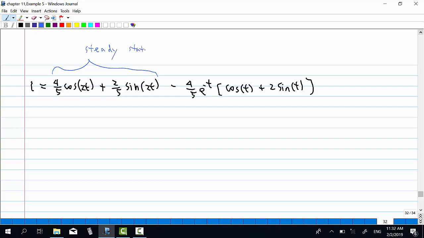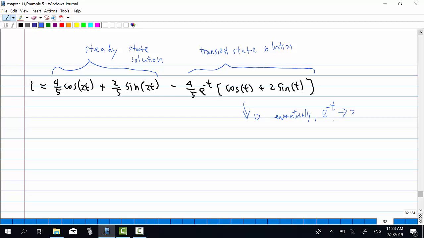And then there is another solution called the transient state solution. This solution will converge to zero. It eventually goes to zero. This is because e power minus t goes to 0 as t goes to infinity.